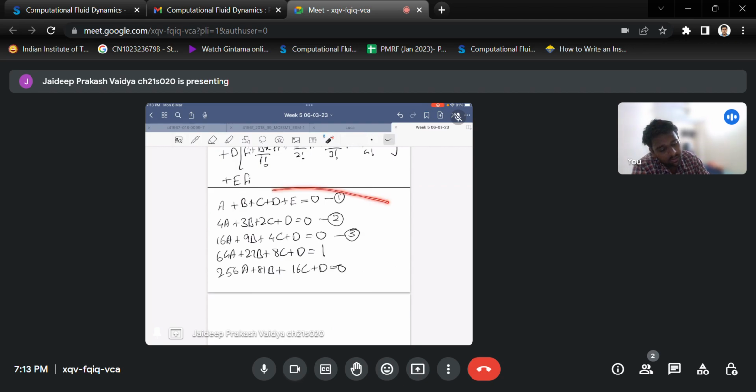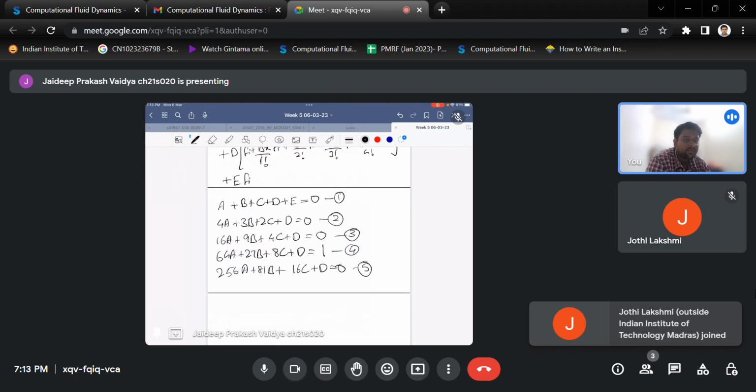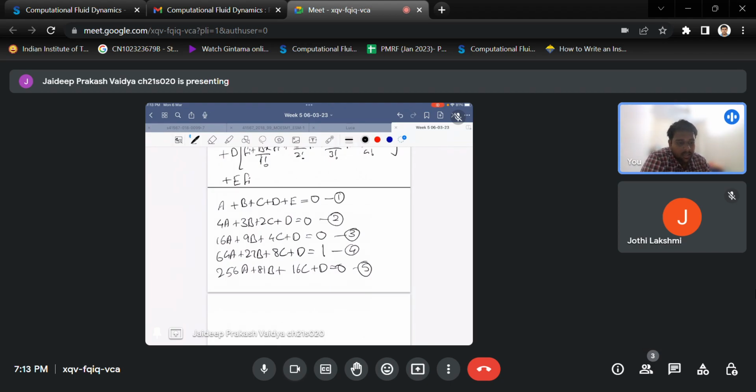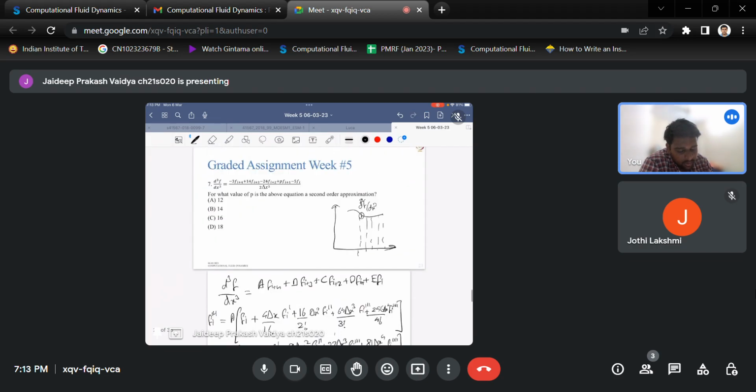And we can solve this. We have 5 equations and 5 unknowns. You can solve the system of 5 equations and 5 unknowns and finally get the answers for a, b, c, d and e.